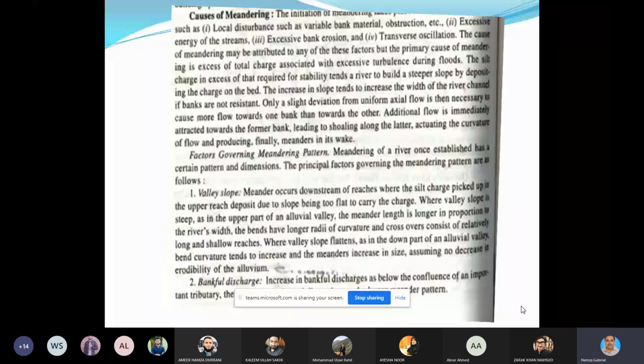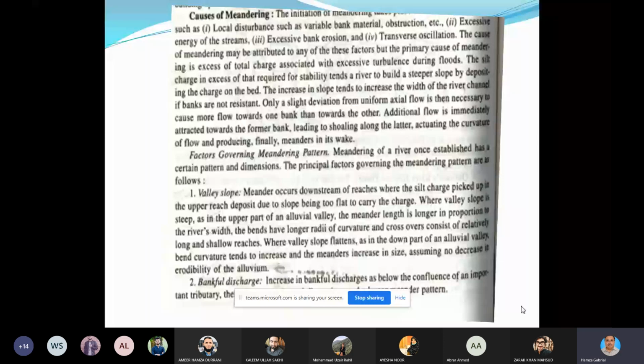Now coming to what are the causes of meandering? Why does a river meander? As we discussed initially, the chief factor which makes the river meander is the silt-laden flow of the rivers itself.